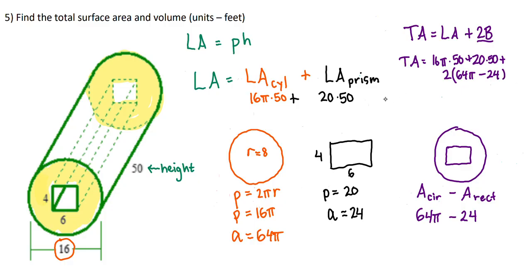I'm going to write that nicer. 16 times 50 pi plus 1,000 plus 128 pi, and I'm distributing the 2, minus 48. I can type all of this on my calculator to get that as a decimal. So that's how surface area for this particular shape works.